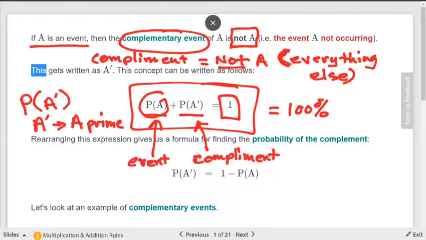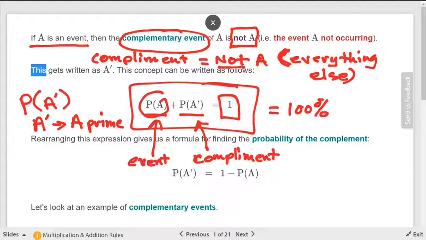Don't ask me why, because I don't know. But anytime you see that little apostrophe, it's often read as prime, A prime.